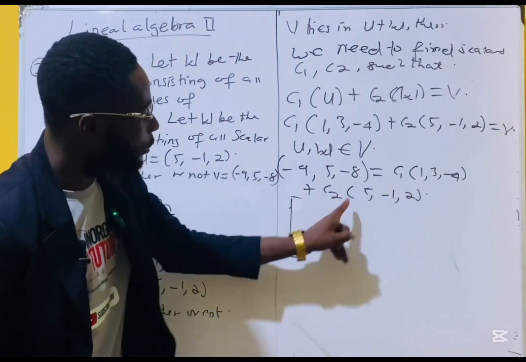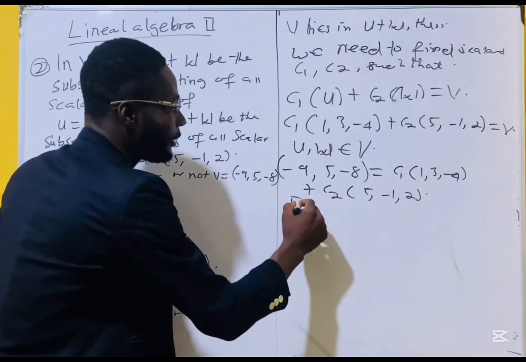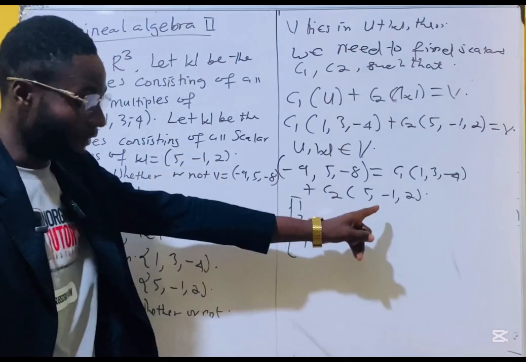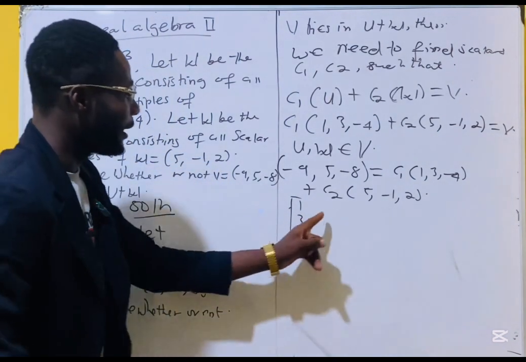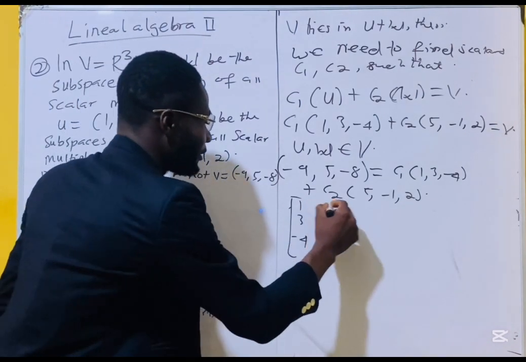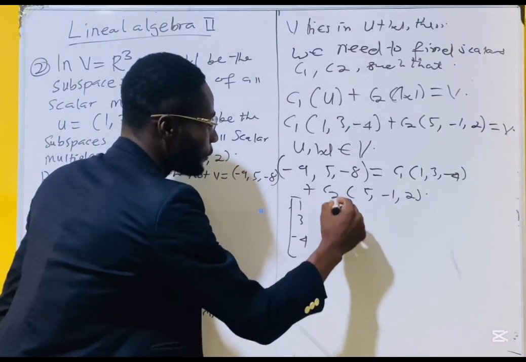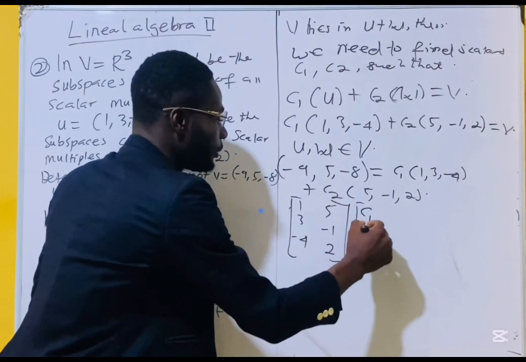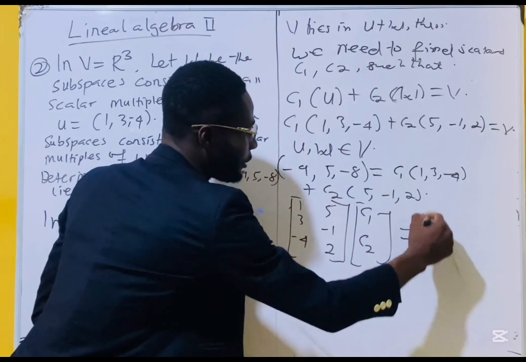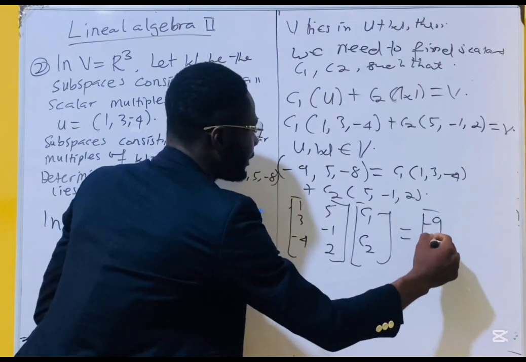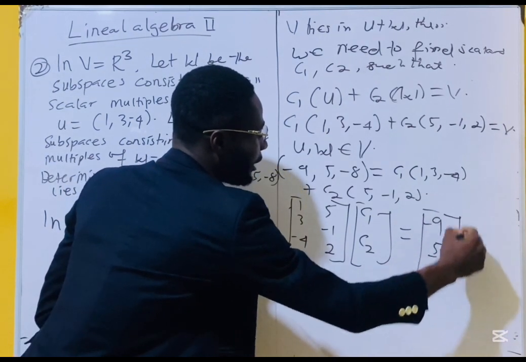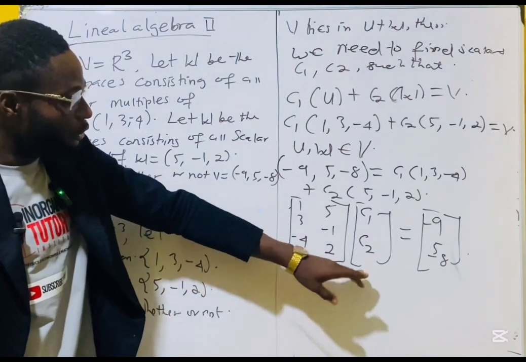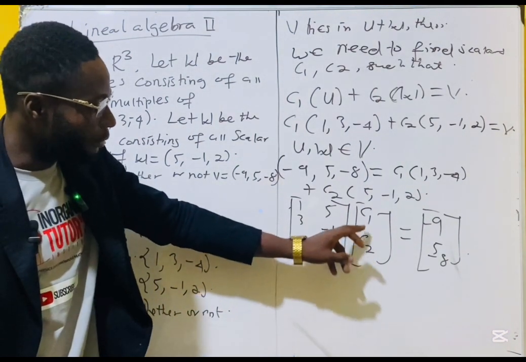The C1 will be on the first column, 1, 3, -4, and then the C2 column will be 5, -1, 2, multiplied by C1, C2, of course, equals (-9, 5, -8). So we're going to use Gaussian elimination to find C1 and C2.